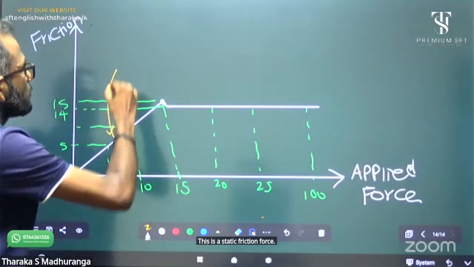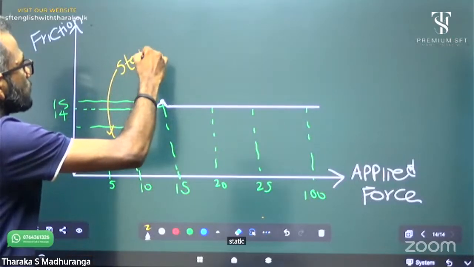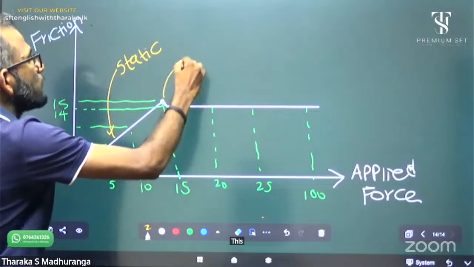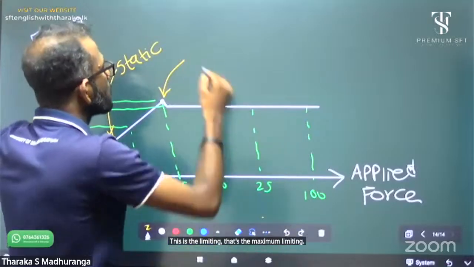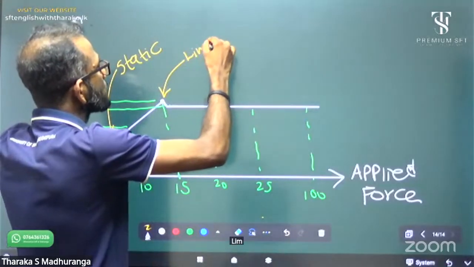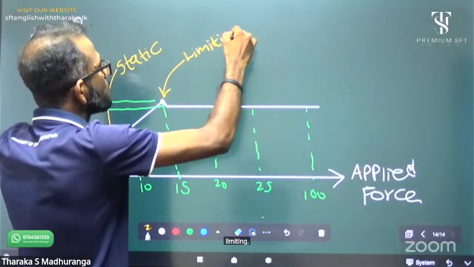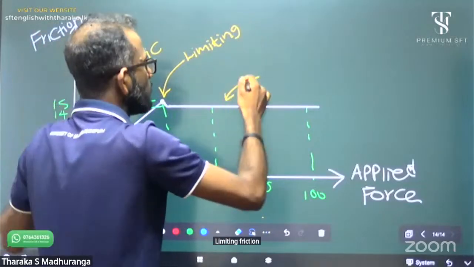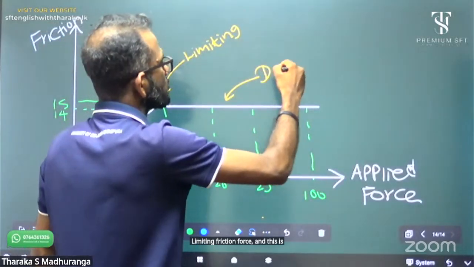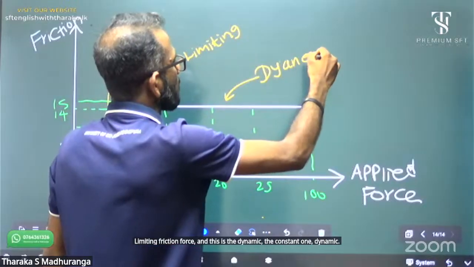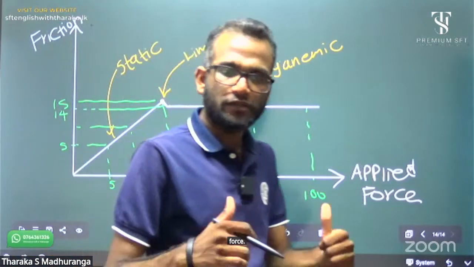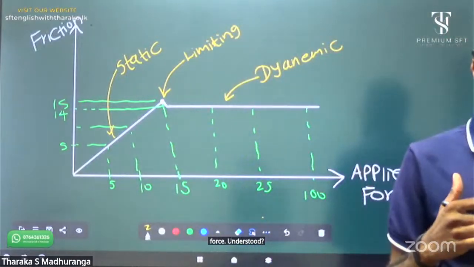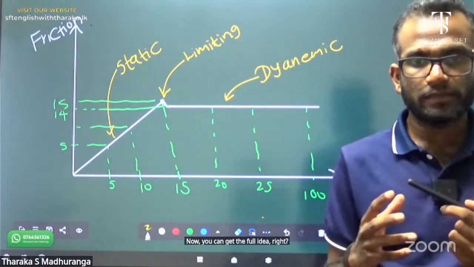This is the static friction force. This is the limiting, the maximum limiting friction force, and this is the dynamic, the constant one, dynamic friction force. Understood? Now you can get the full idea, right?